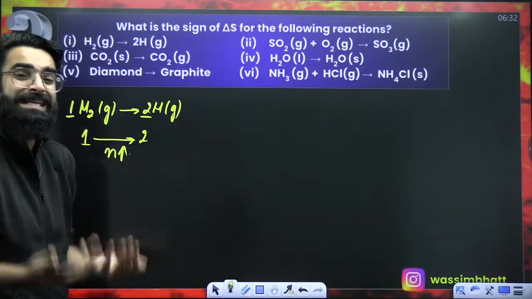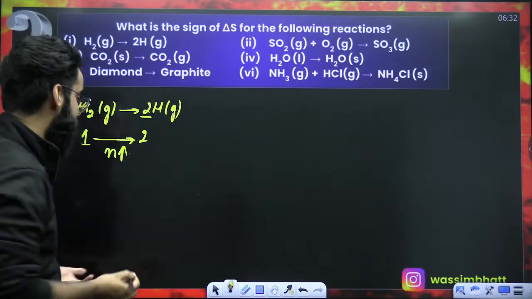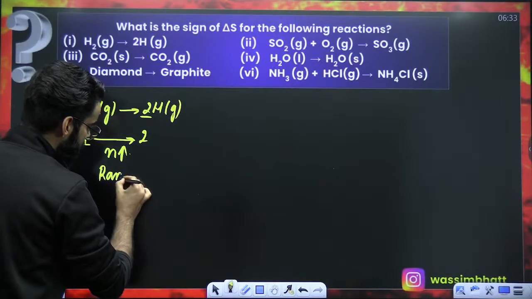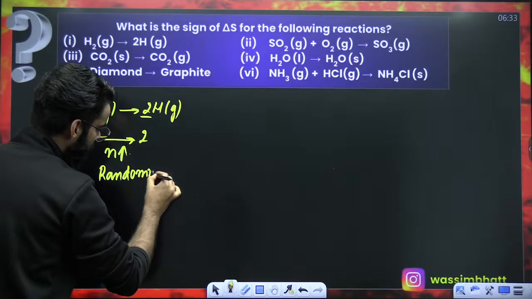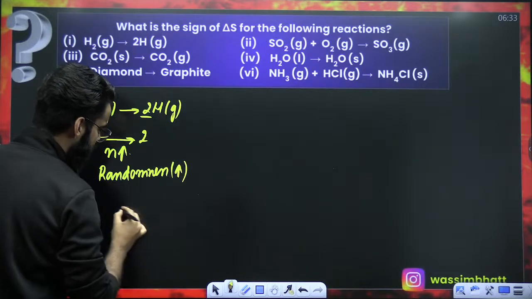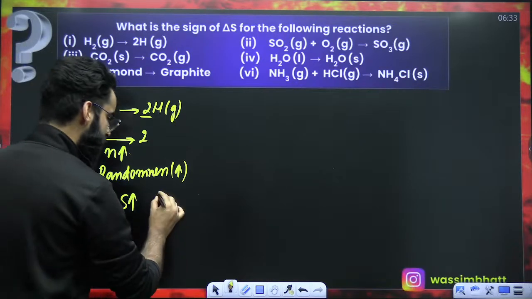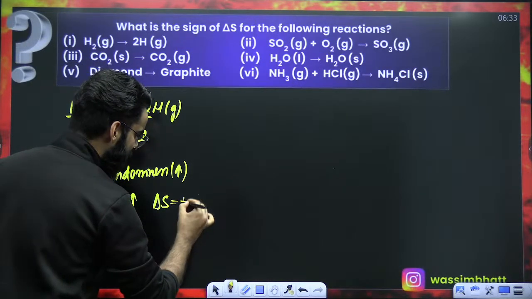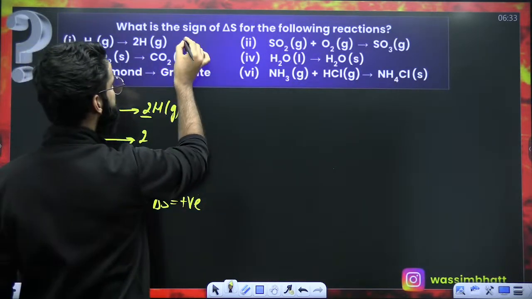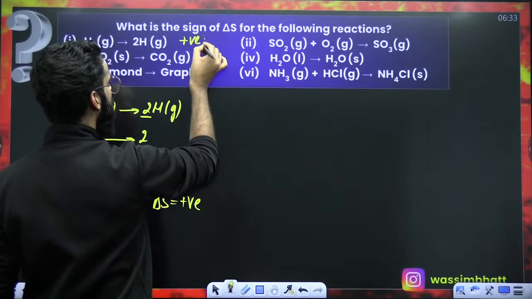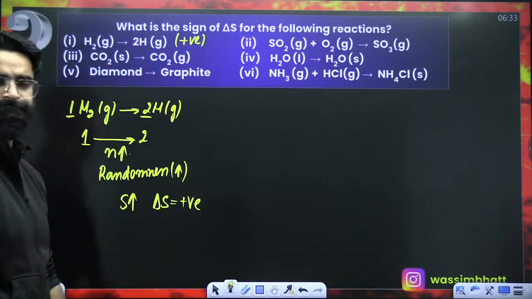And if particles increase, what will happen to the randomness? Randomness will increase, disorderness will increase, right? And if the randomness or disorderness increases, that means the entropy will increase. And when the entropy increases, delta S sign has to be positive. So in the first process, delta S sign will be positive, right?